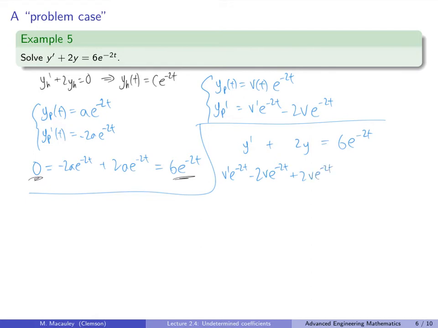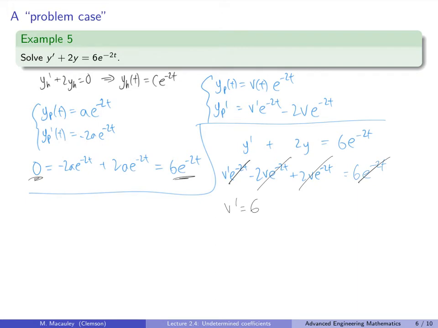And look what happens, and this always happens. If it doesn't, you've made a mistake. We set that equal to 6 e to the minus 2t. So what does this tell us? Well, we can divide through by e to the minus 2t, and we get that v prime equals 6.